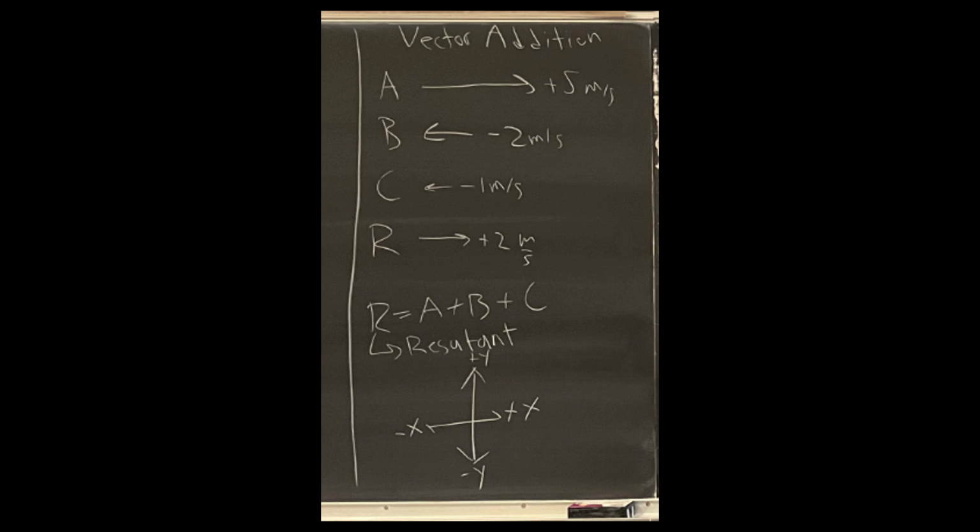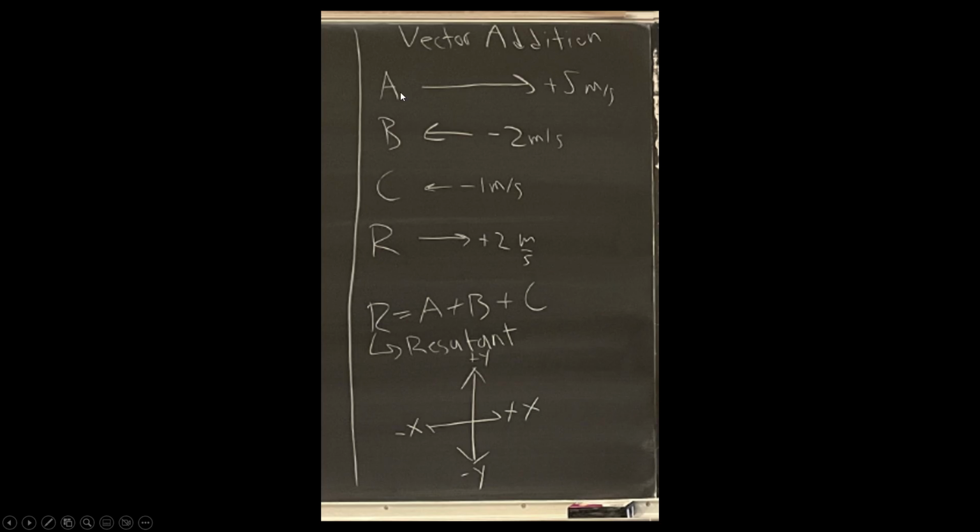In order to do vector addition, you must be adding parallel vectors. They have to be parallel with each other. And in this case, I have vectors that represent velocity, meters per second, along the x-axis. When you draw a vector, like vector A, B, and C, the length of the arrow should correspond to the magnitude, and the arrowhead should reflect the direction.